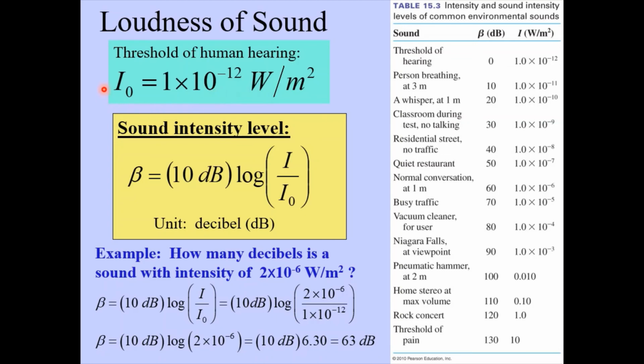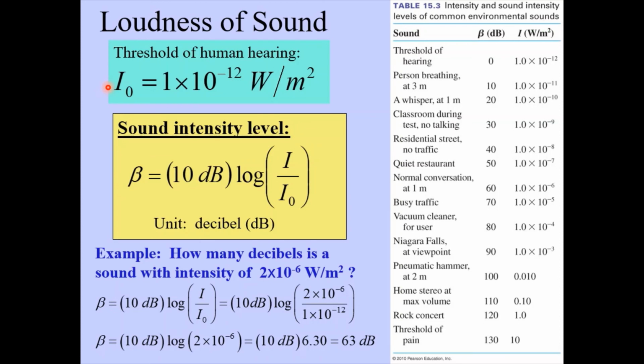Now this is an extremely low intensity. Our ears are amazing devices, and they can detect extremely low power waves. So this threshold is I naught. And remember, this number is one trillionth of a watt per square meter. So that's the quietest sound that we can hear.